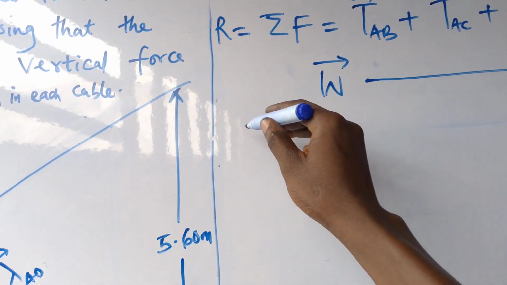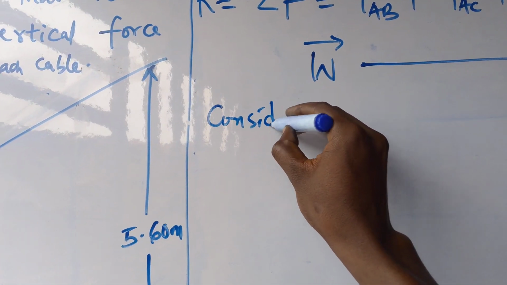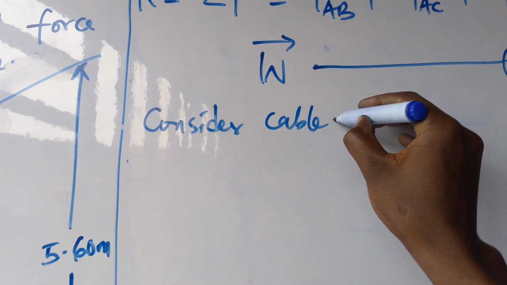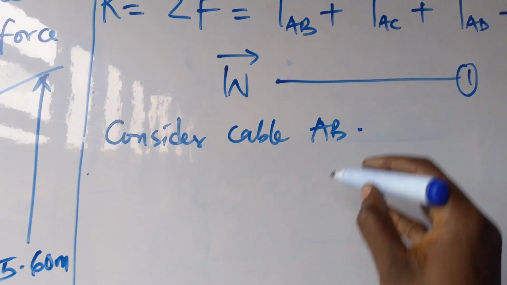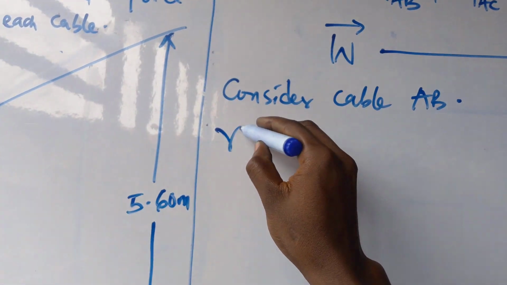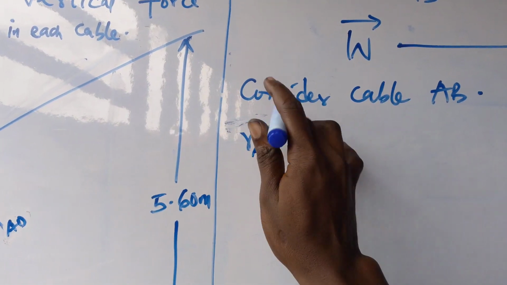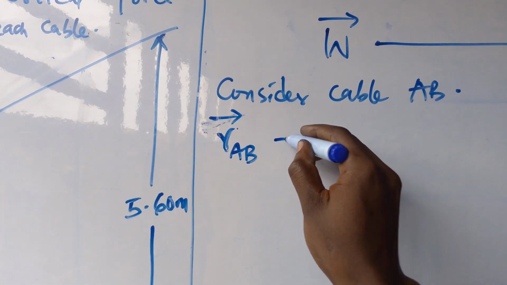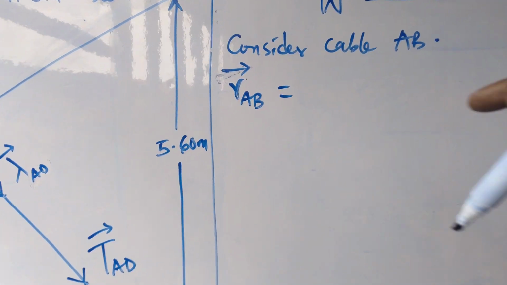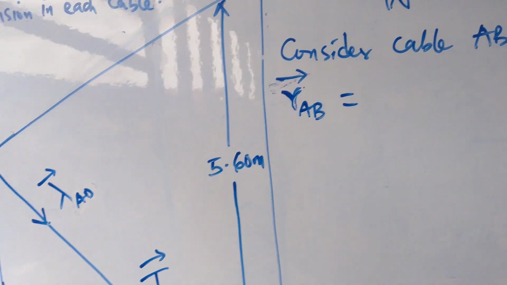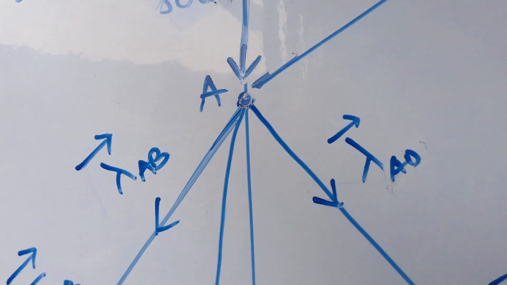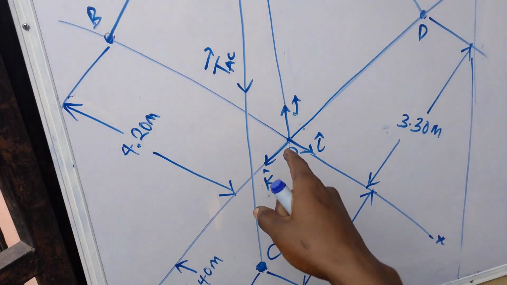Now we'll consider cable AB. Then I can look for the distance. This distance is a position vector, position vector RAB, from the free body diagram. Now look, this is the J coordinate.